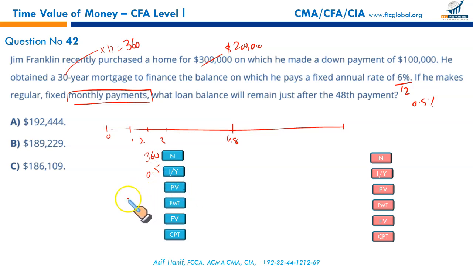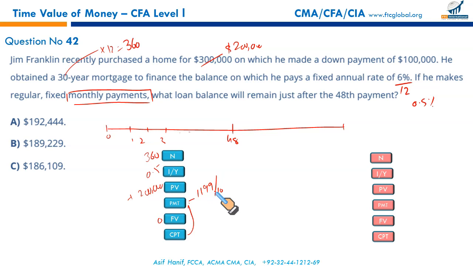Present value which you have received from the bank is $200,000. Periodic payments are to be calculated. When you enter all these and CPT PMT, your periodic payments would be negative 1199.10. These are your periodic payments.